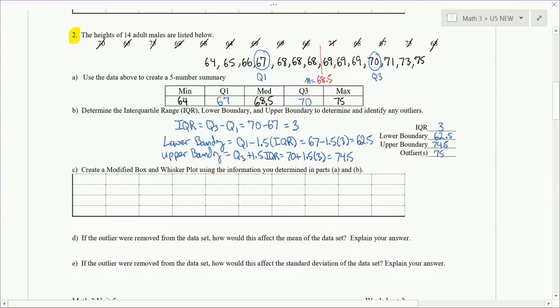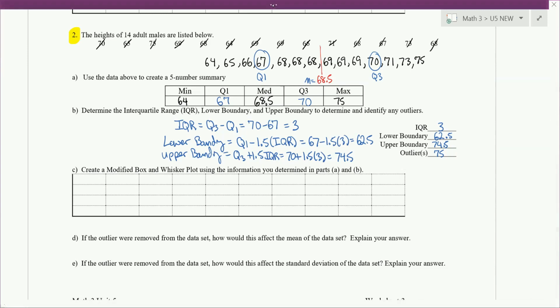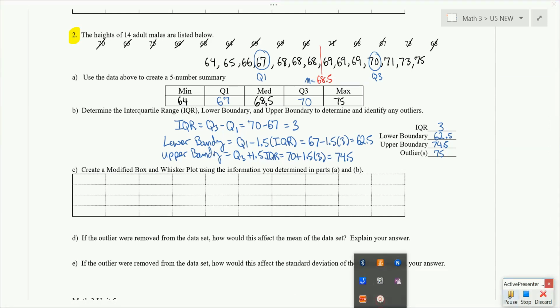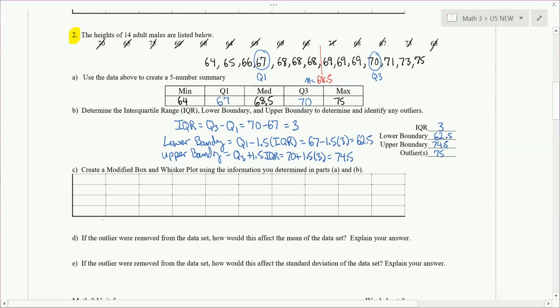Next we're going to create a modified box and whisker plot using some of the information we've already gathered. Before you create that, you want to create some scale. Our min is 64, and we want to span from 64 to 75, so we develop a scale for that. I'm going to start at 60 and go by twos.